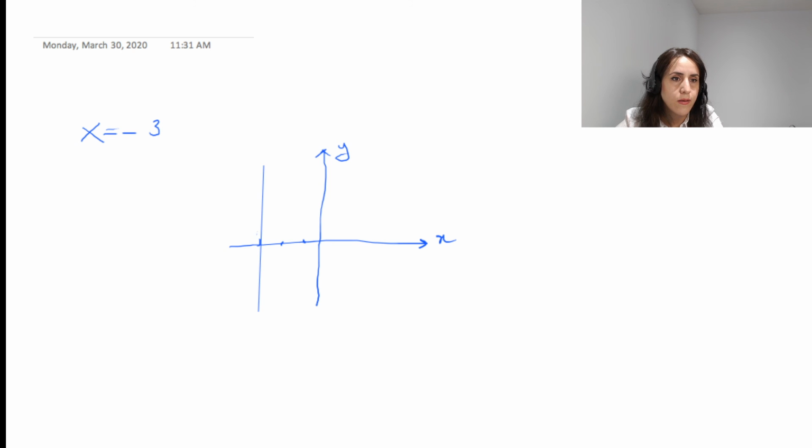Here, x is equal to negative 3. Okay, I drew it as vertical as I could. x is equal to negative 3.